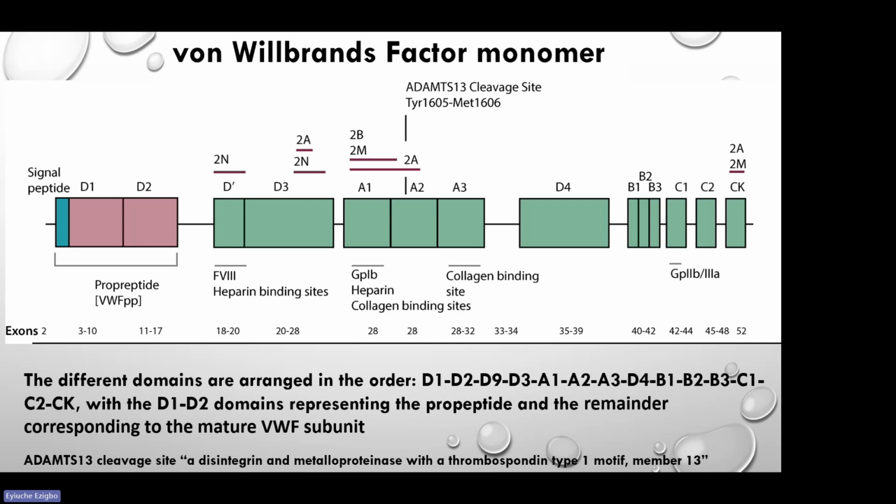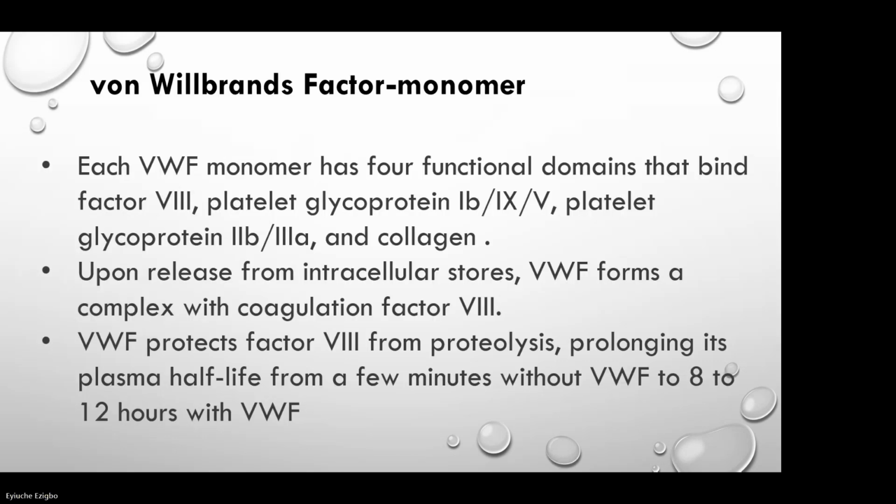Any mutational abnormalities on this A domain will give us type 2B, 2M or 2A von Willebrand disease, depending on the ligand that is affected. Then this is glycoprotein 2B3A. We'll still come to discuss the various types of von Willebrand disease.